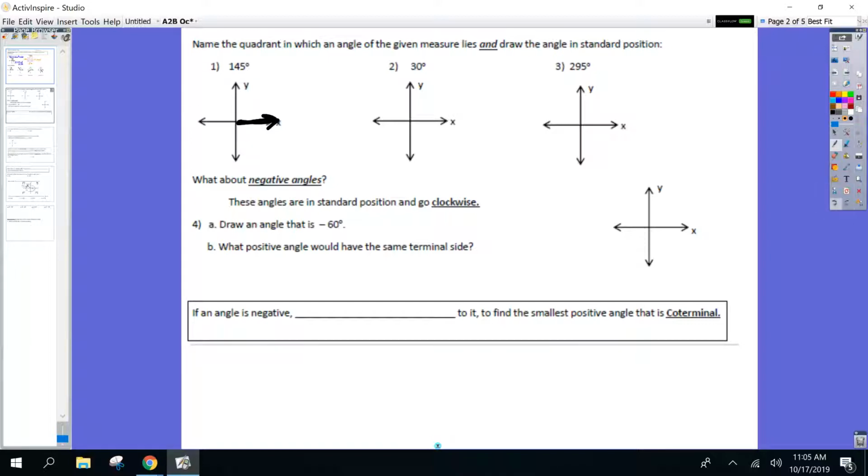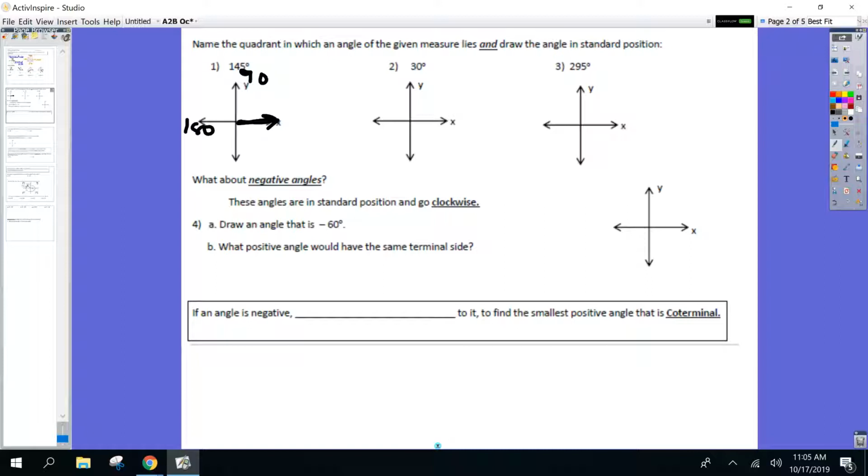What I mean by that is, is 145 closer to 90, or is it closer to 180, or is it just halfway in between? That's what you got to figure out, because I want you to at least have your drawing in the ballpark. So is 145 closer to 180 or closer to 90? Or halfway in between? Is it directly in the middle? I don't think it's directly in the middle.